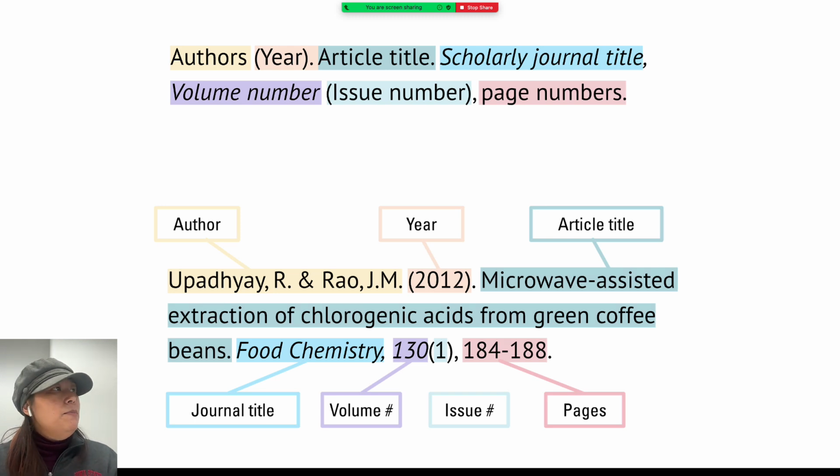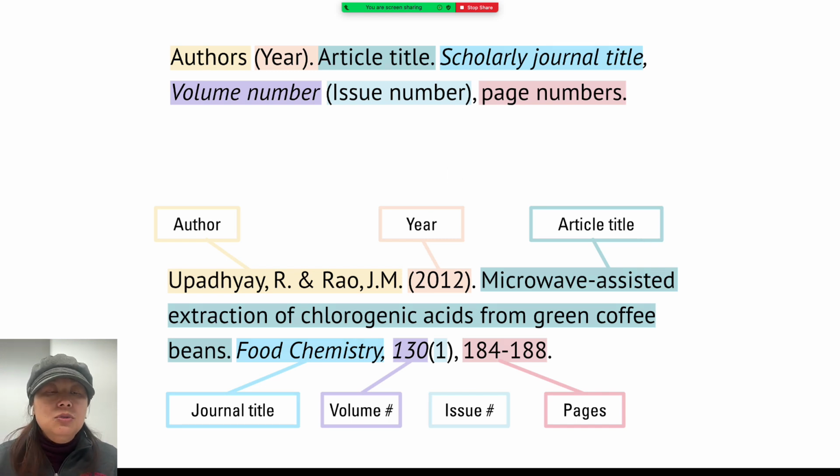This might be very helpful to you. When you look at a journal article, there are different sections. Again, some of this may be out of order, but you have the authors at the front, usually the year, article title, the scholarly journal title, volume number, issue number, and page numbers, okay? You will have a copy of these slides.